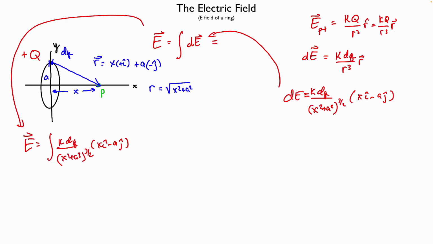Let's not do the limits yet. What is constant? K is constant. So can the k come out in front of this thing? Is there anything else that stays the same? What did you say? Everything but dq?